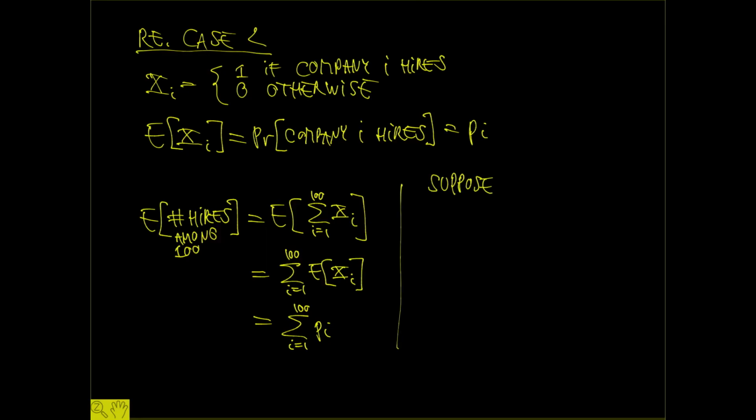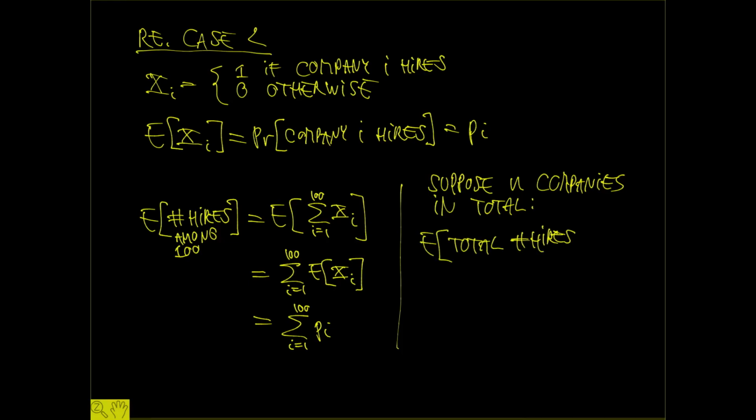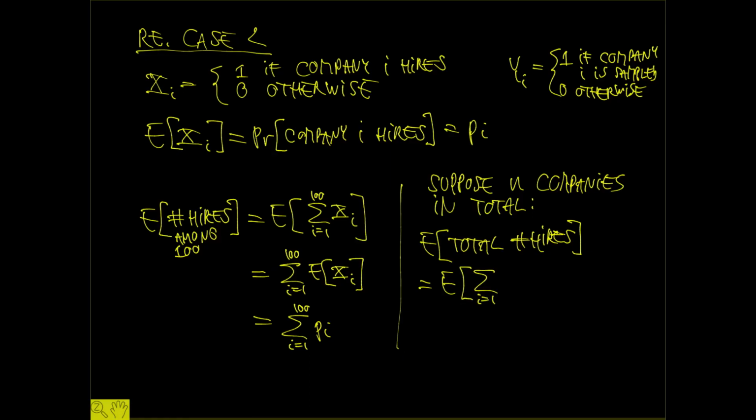What about the general population? So suppose we have n companies and the 100 are randomly sampled. The expected total number of hires can be expressed, again, in terms of another random variable, yi, where yi is 1 if the company is sampled and 0 otherwise.